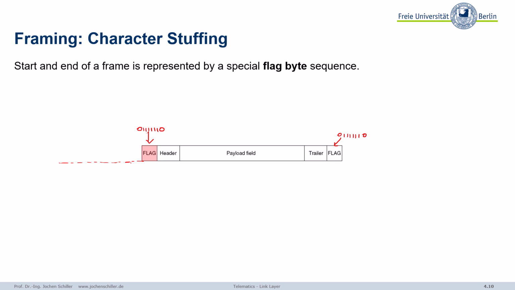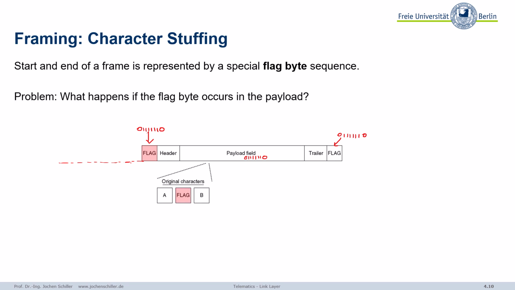But what happens if I transmit a nice JPEG picture of a blue sky, and the coding is in a way that somewhere in between here, suddenly we have exactly this bit pattern? Oops. So what happens if this flag occurs in the payload?